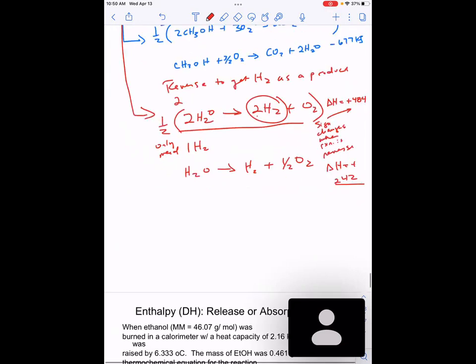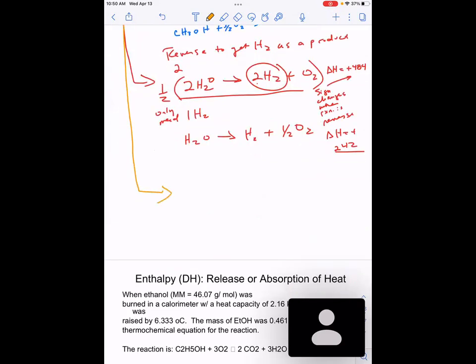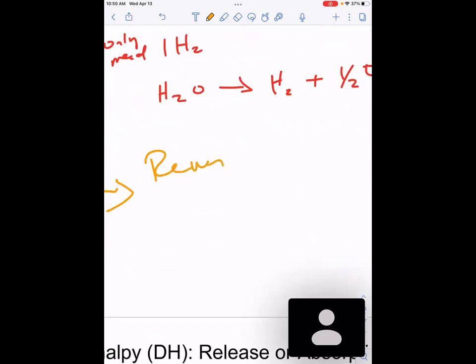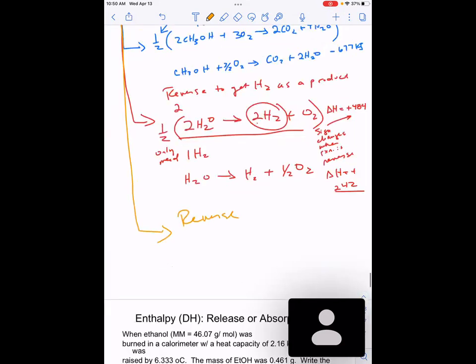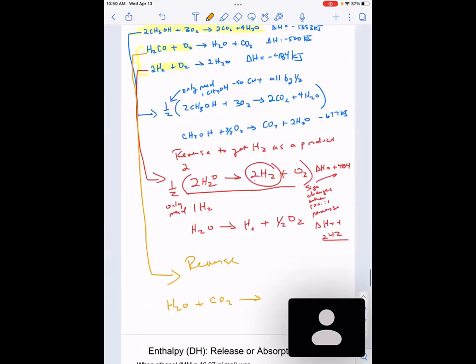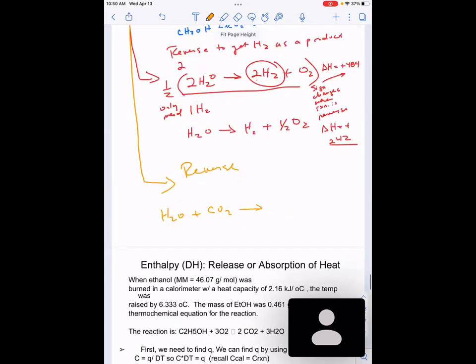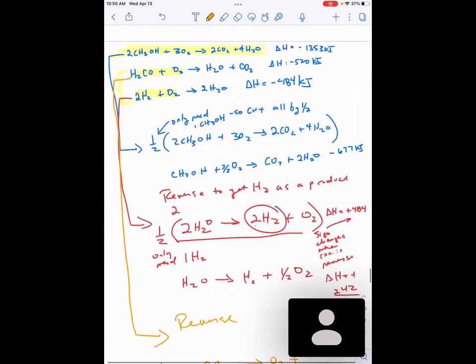All right, and then for the third equation, let's take that because we want the formaldehyde on the other side. We want that as a product as well. So we're going to flip that one around also. So we're going to reverse this as well, and that is H2O plus CO2 going to O2 plus formaldehyde.